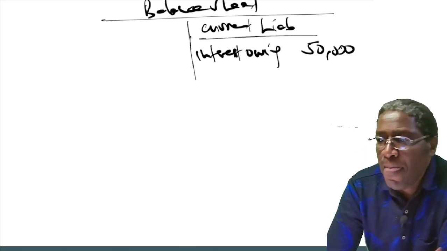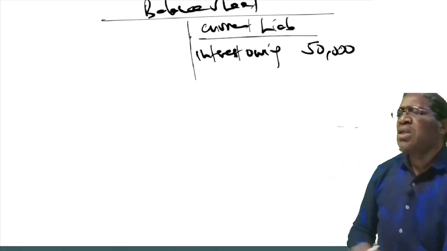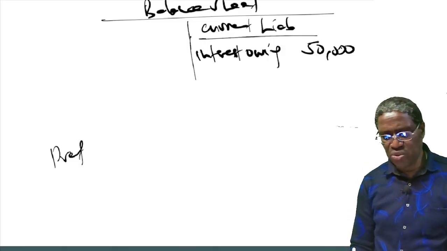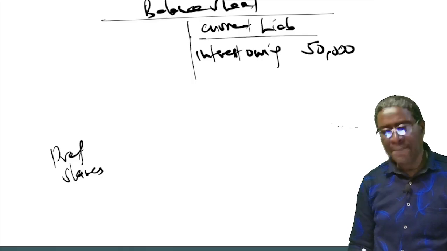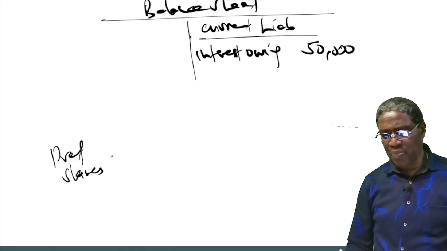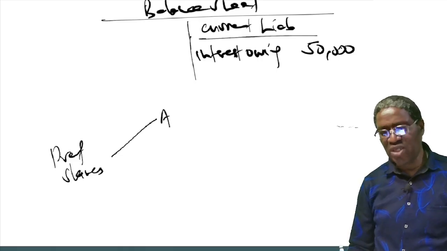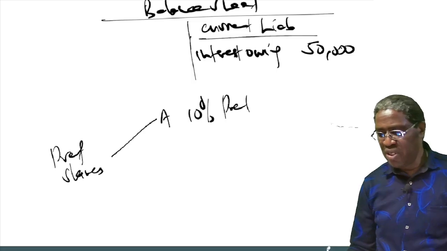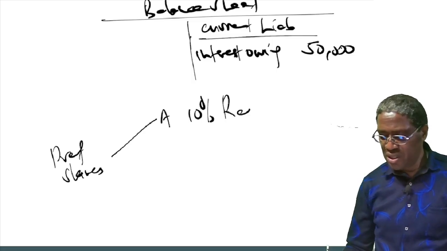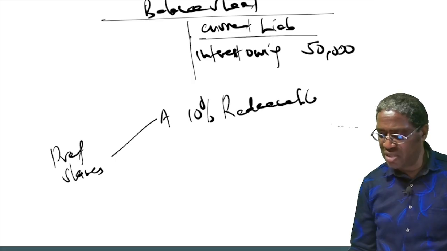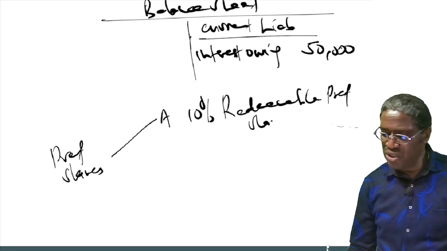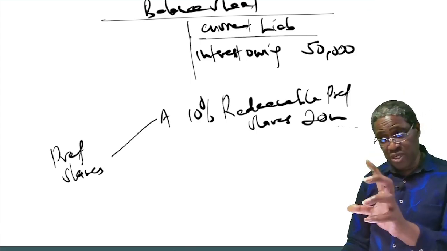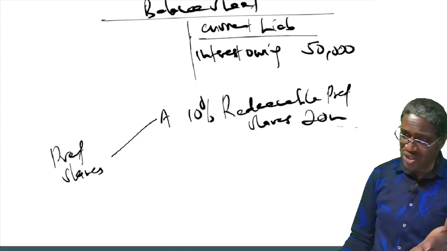We said this. Listen, when a company wants to raise finances, that company can decide to issue preference shares. One company, let's call it company A, decided to issue a 10% redeemable preference shares amounting to 20 million. That's one company, 10 years ago, they wanted to raise finances.